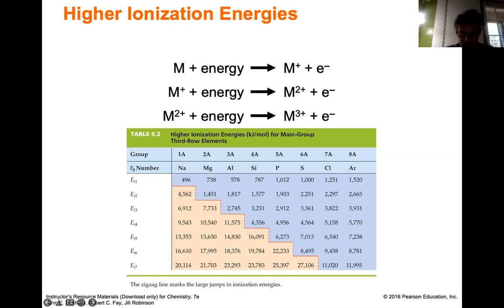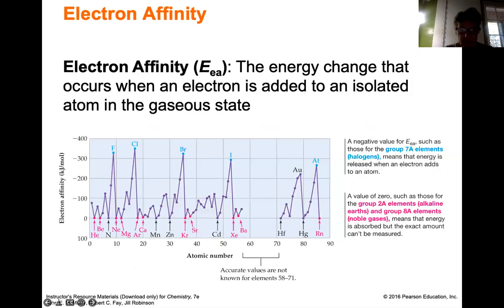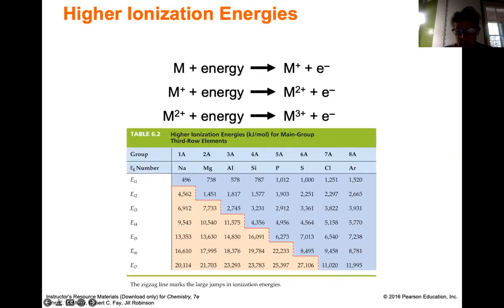When you look at this table, it's giving you the trends in higher ionization energies. What you'll notice here, they don't talk about it, but the important thing is that there are always going to be places where there are huge differences in the ionization energy.